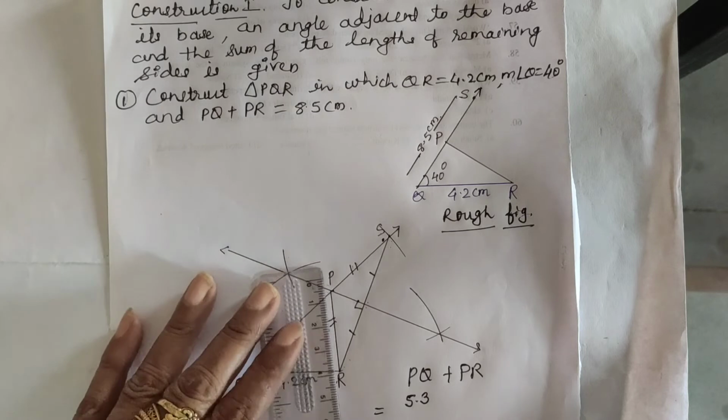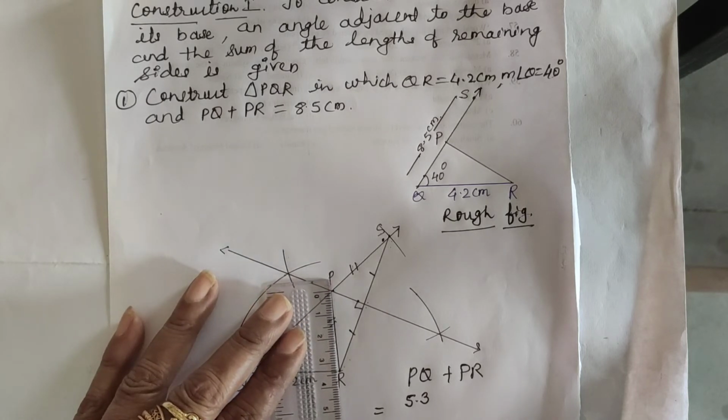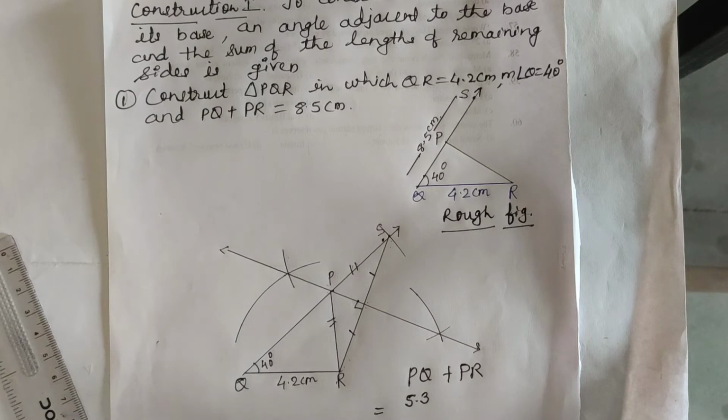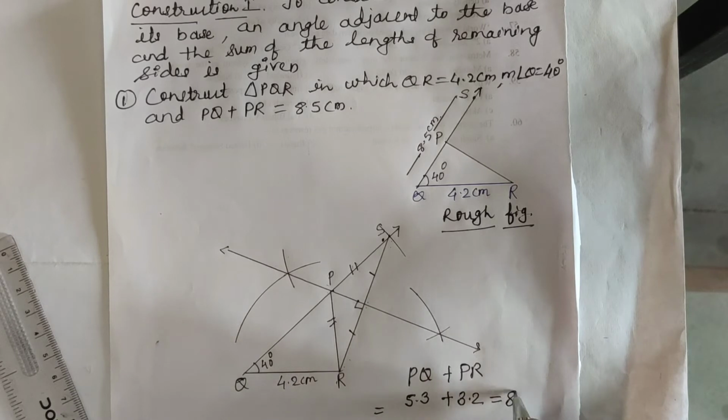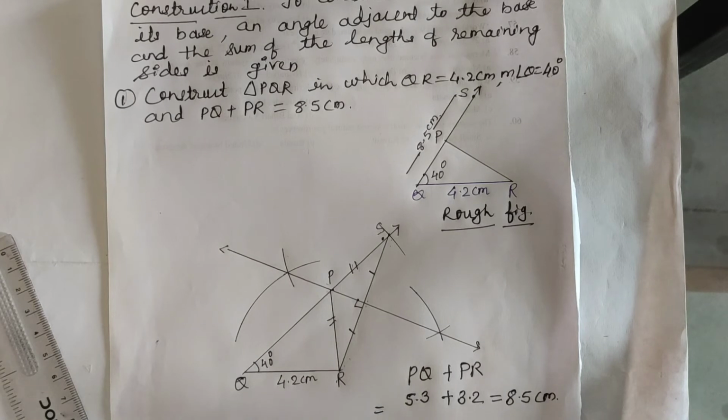And now let's measure PR, getting 3.2. Okay, and now when you add this, you will get 8.5 centimeter, hence verified. Okay, maybe a slight length will be changing. Maybe sometimes you will get 5.4 or 5.3, but slight distance can be considered. Okay, so 8.5 centimeter. So this is how we have constructed the triangle PQR.